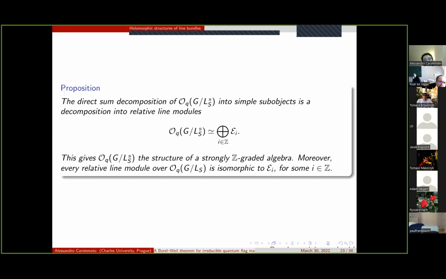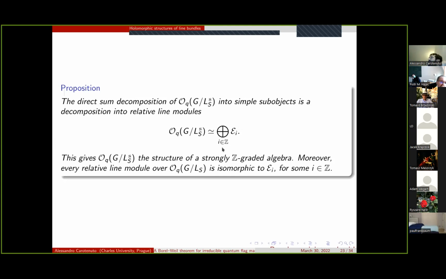Yes, exactly. O_q(G/L_S^S) will give a torus bundle over O_q(G/L_S). Which one is with two S's, which is with one S? The one with two S's is the total space, and O_q(G/L_S) you can see inside this decomposition as the part E_0. Okay, so it's the base.